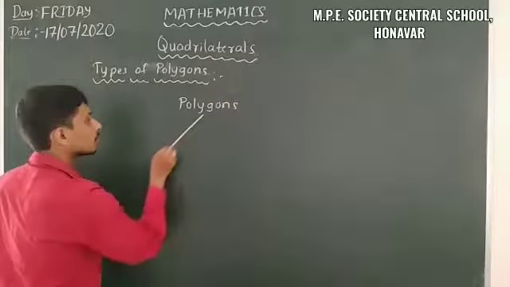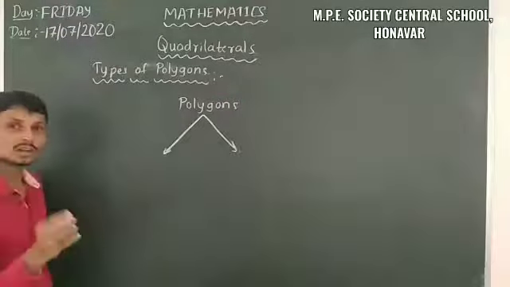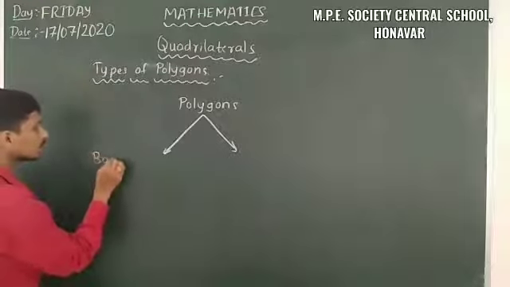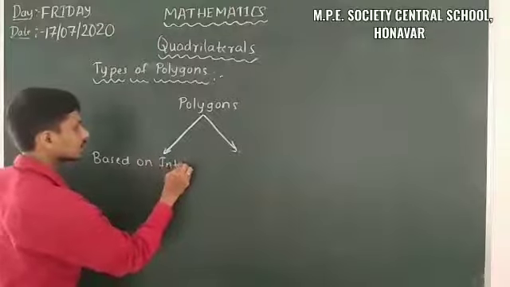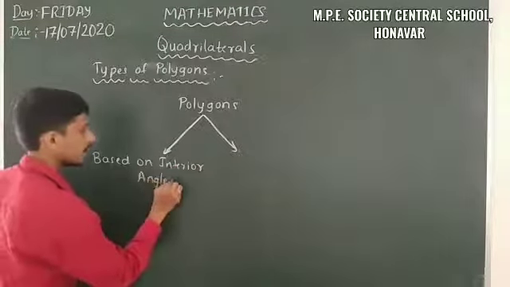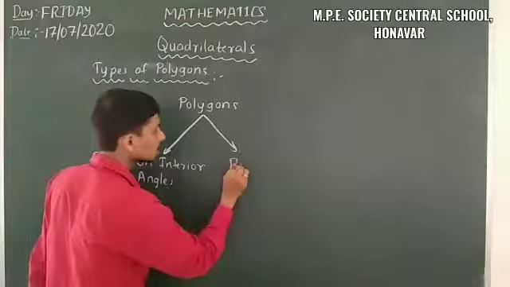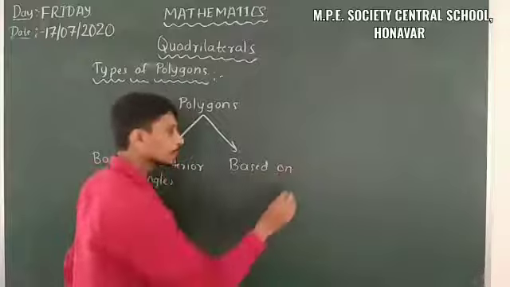Polygons we are categorizing firstly based on interior angles, and secondly based on the length of sides and angles.